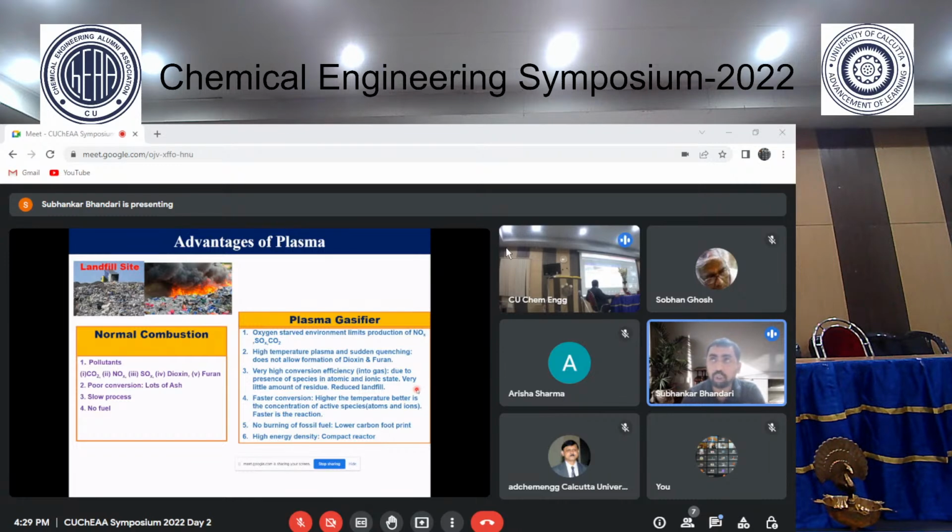In our technique, bottom ash is only 1%. I'll show our result, then it will be clear to all of you. Conversion efficiency in our case, the solid waste to gases conversion, is more than 95%.